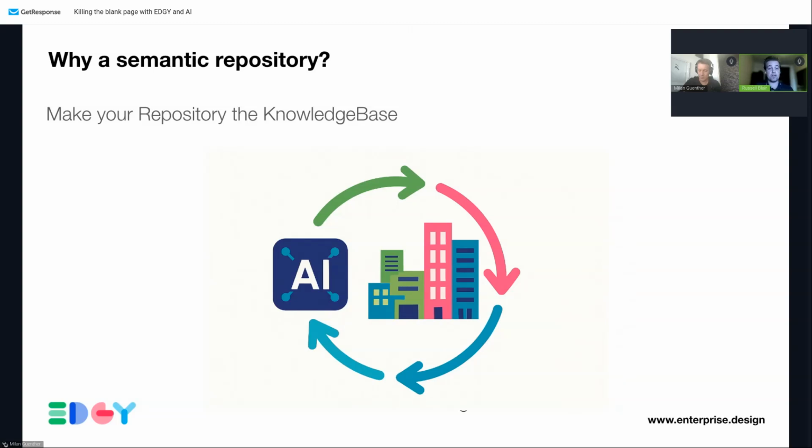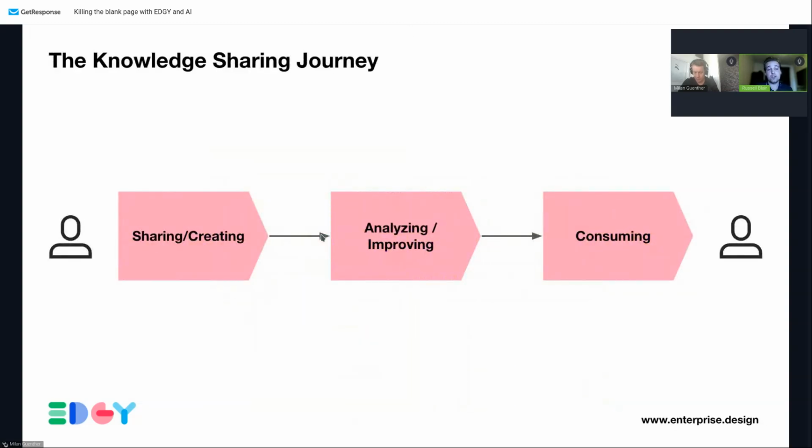And so we have all these knowledge bases in the world, and I think AI implementation is ripe for the taking, where it can use all these knowledge bases. So we're not creating all these knowledge bases now that we have this AI, but we're using existing infrastructure that's been in the world. And if we go to the next slide, I will talk a little bit about what I call the knowledge sharing journey.